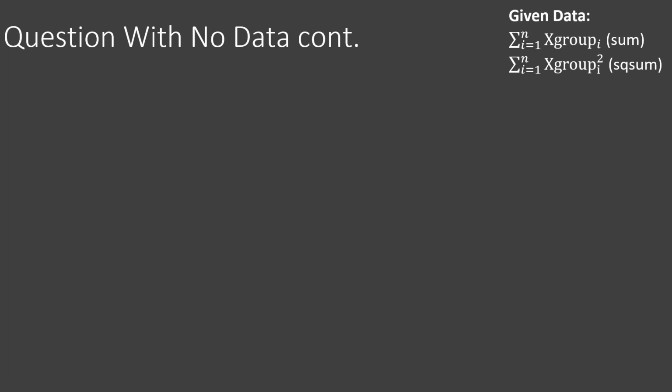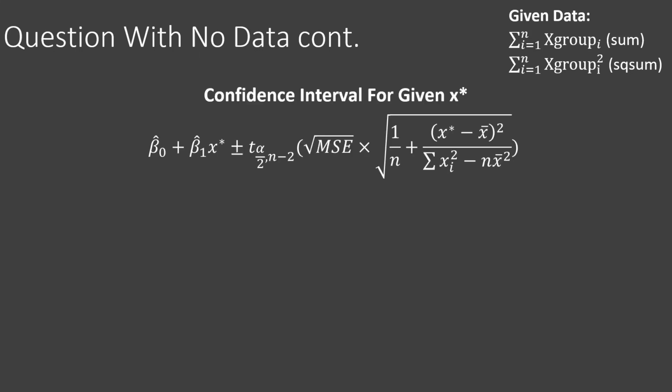But anyway, you'll be given those extra pieces of data, and the equation to solve the confidence interval for the given x value is this right here. Wow, so nice. Not complicated at all, right? So to make it easier, the equation is grouped into 4 different parts.